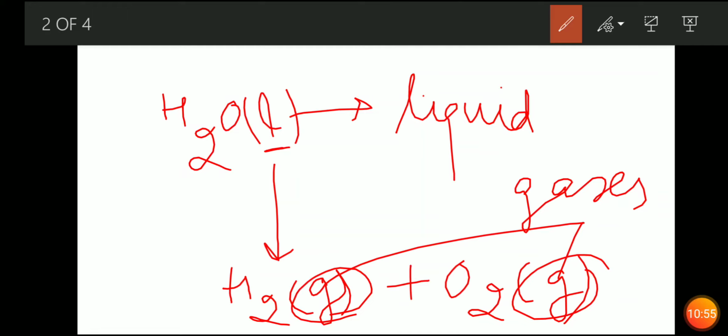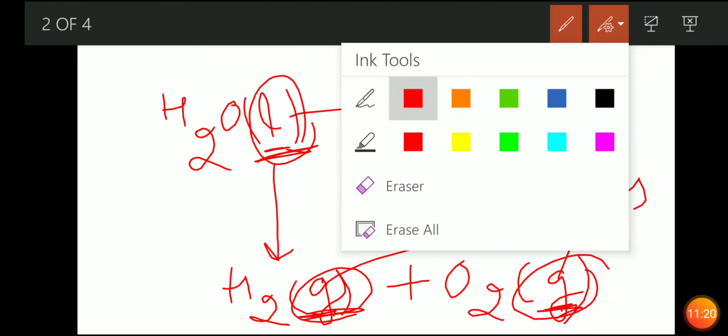So see how it is showing a chemical change. Water is in liquid form, but what we get is gas. So this shows that a change of state is occurring and it is showing a chemical reaction. So these are the symbols that are used in a reaction.